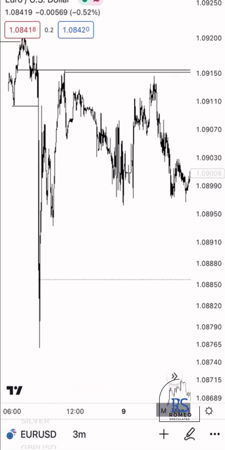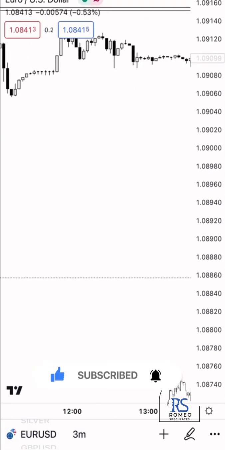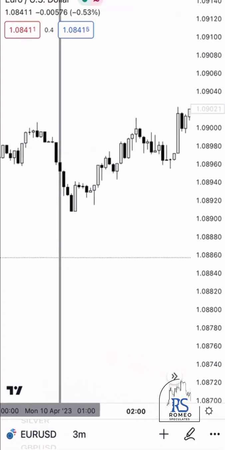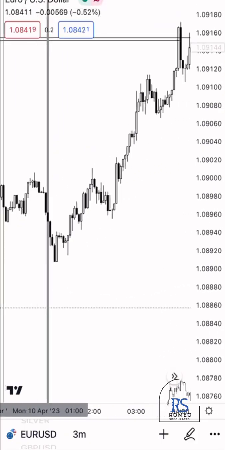And there's also a gap over here, a fair value gap, which is also a liquidity pool, because fair value gaps are liquidity pools. They're highs and lows, right? Especially the upper part of a bullish fair value gap and the lower part of a bearish fair value gap. So opening time and price of the 4-hour candle, right?